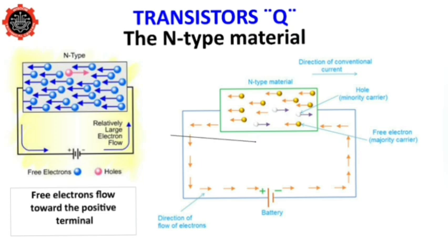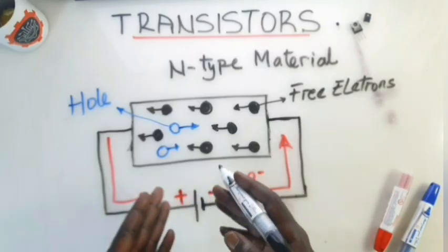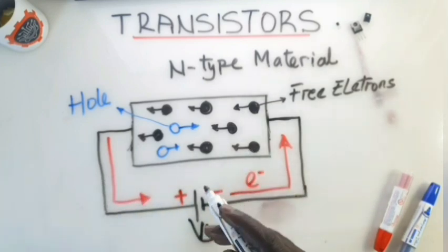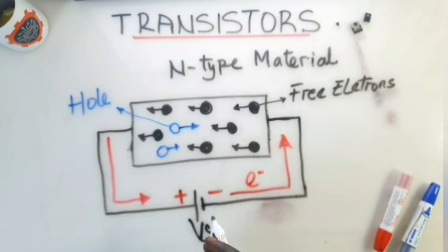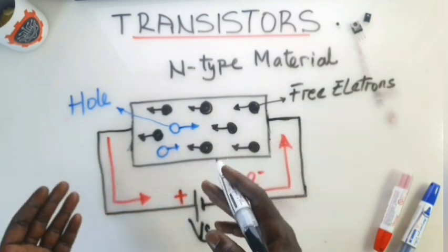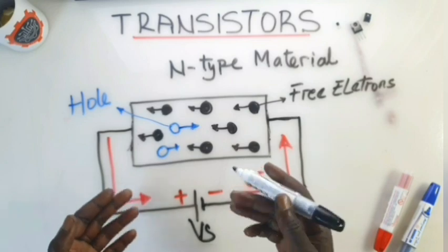So the N-type material, as the one we are looking at here, is a series circuit where we have our voltage source. After applying energy, the electrons are going to flow.